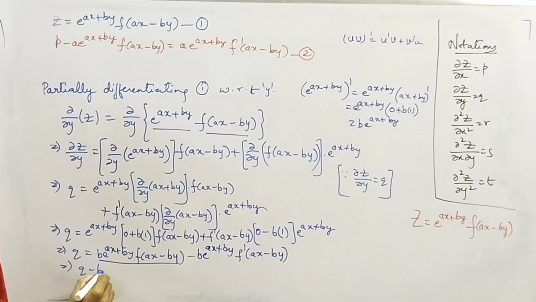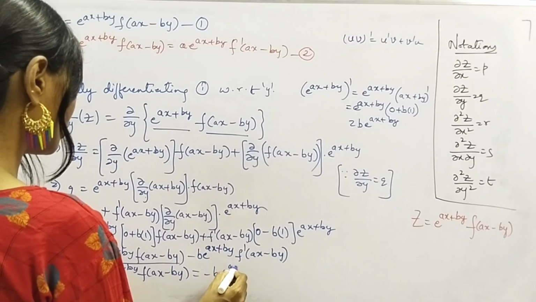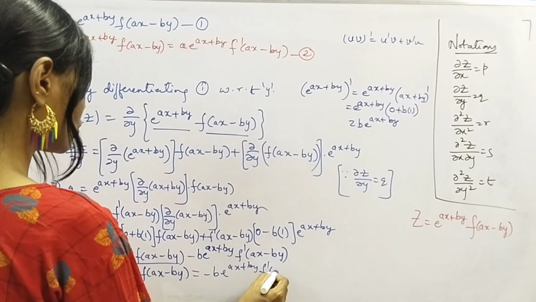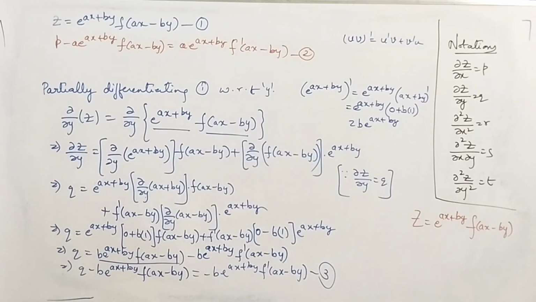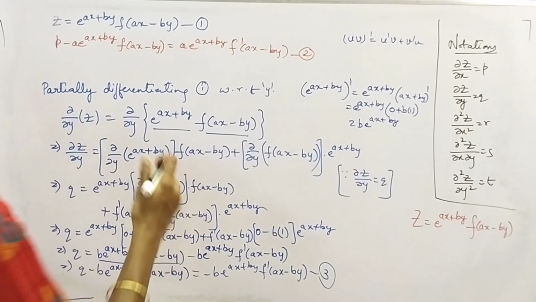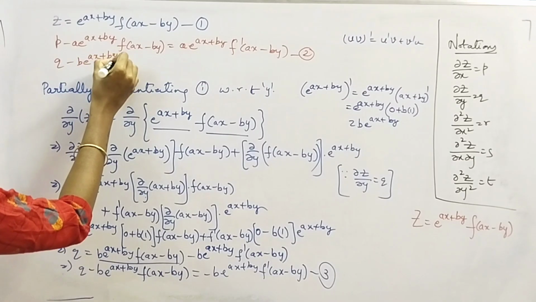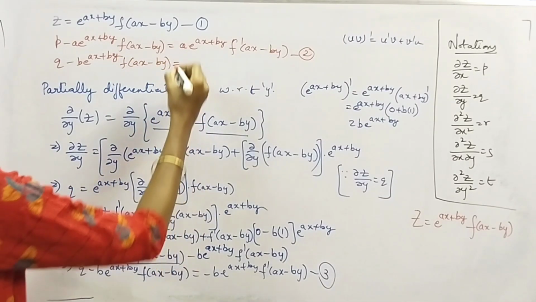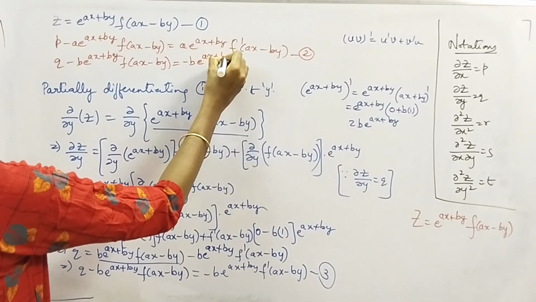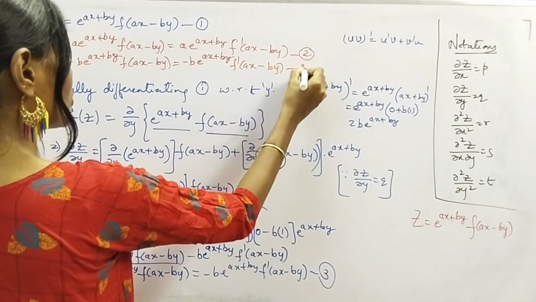You'll get q minus b into e power ax plus by into f of ax minus by equal to minus b e power ax plus by into f dash of ax minus by, right? Consider it as equation number 3.